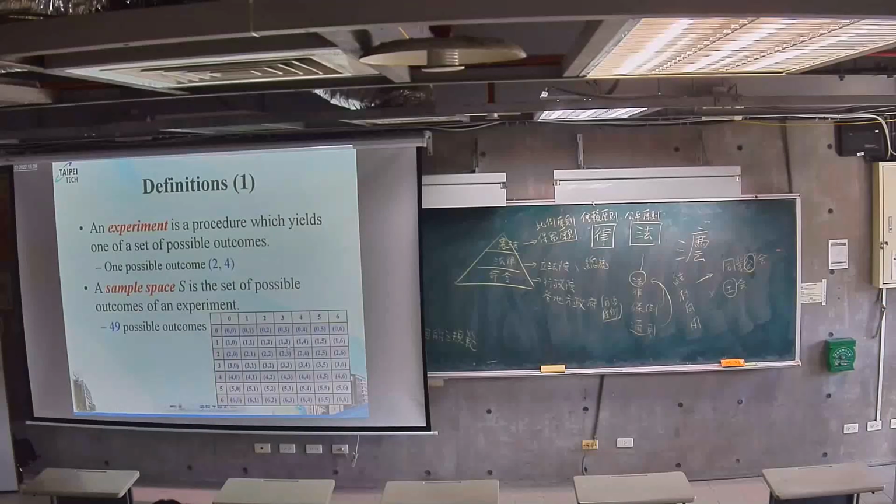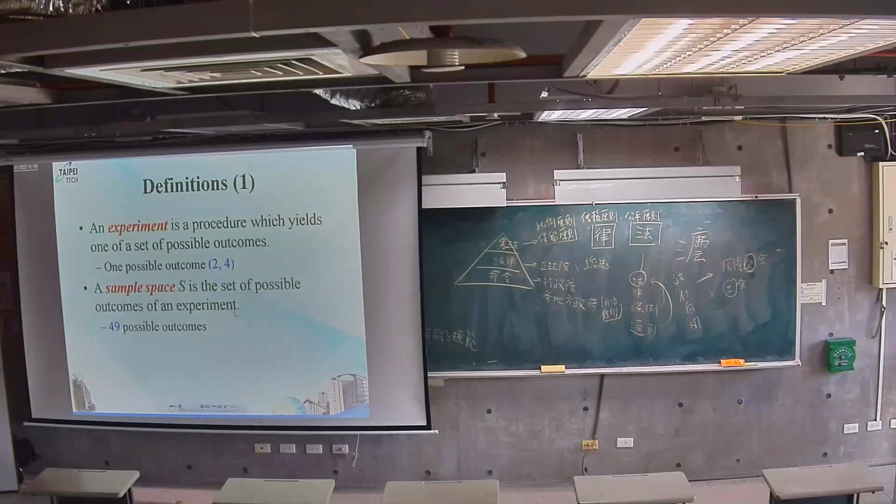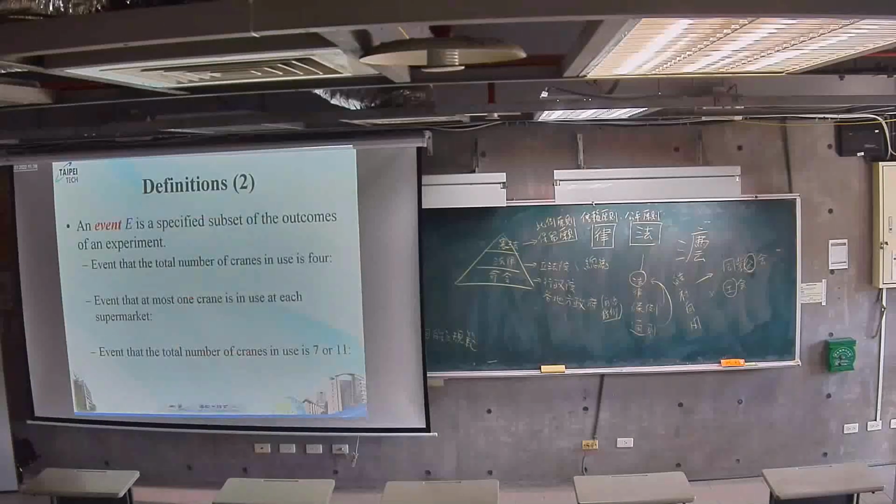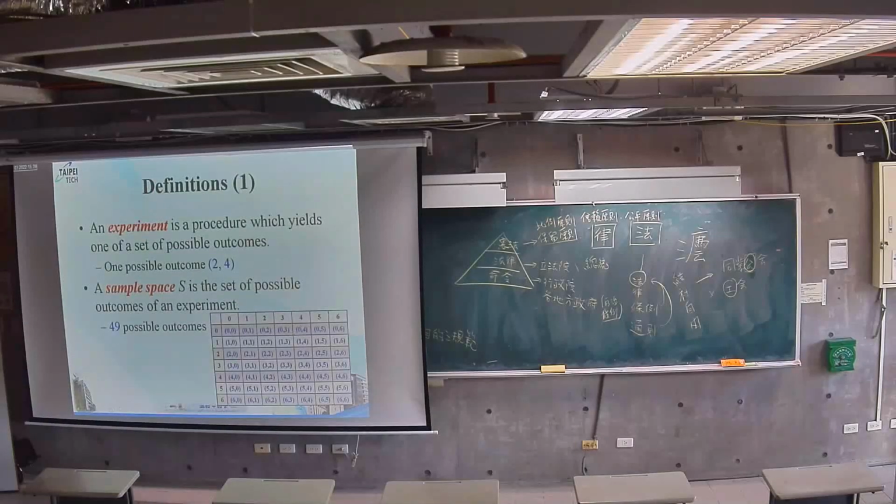So if the event says that we would like to have the total number of crayons in use is 4, we might check, I think it could be this line: 0 plus 4 equal to 4, 1 plus 3 equal to 4, and 2 plus 2 equal to 4.